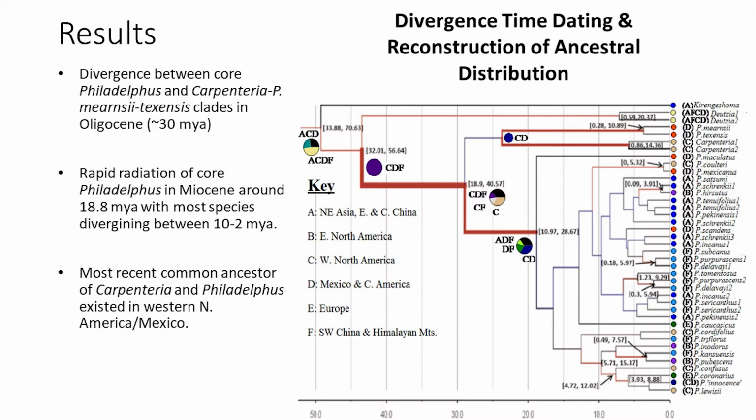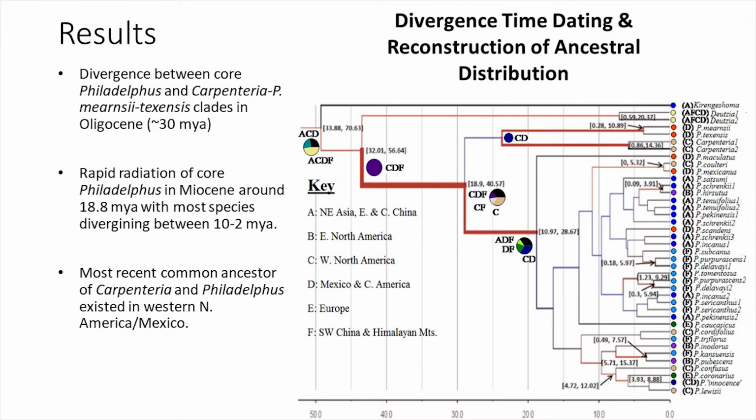But if you keep going further back, we can find evidence of the range being much more limited to the common ancestor of these Western species and everything else. So this pie chart is representing the probability that the common ancestor belonged to a certain distribution. So the one with the highest slice in the pie is C, which represents Western North America.